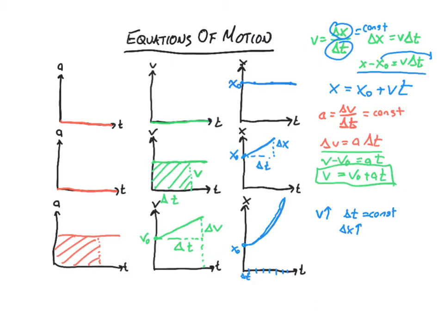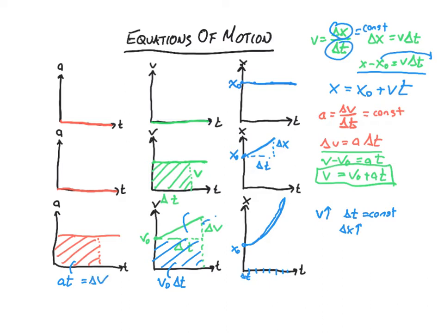All right, and now we can go back and see if that makes sense. If we look back at our area here in v, this is v0 times delta t. And this area, knowing that this is going to be a times t, and that's equal to delta v.